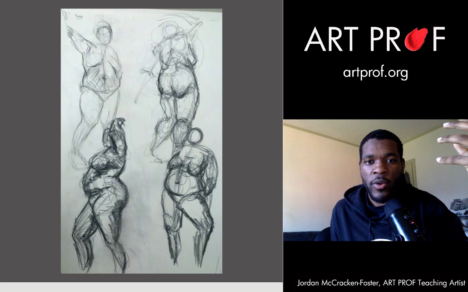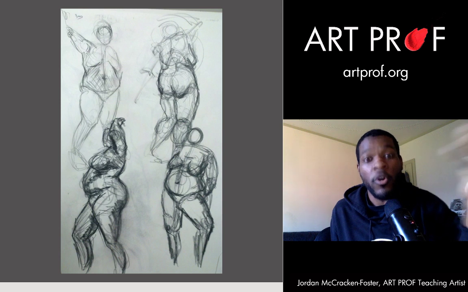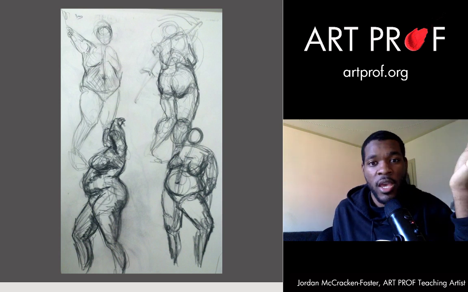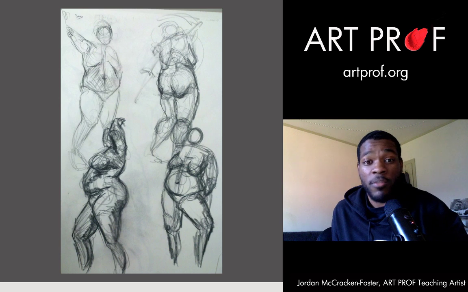It's a very vulnerable situation, and a lot of people, when they feel uncomfortable with how they look, will not be willing to go up and model. But this model was like, I'm going up there, and I really appreciated that because you don't see that very often. I've done figure drawing for at least 9-10 years now, and it's very rare.